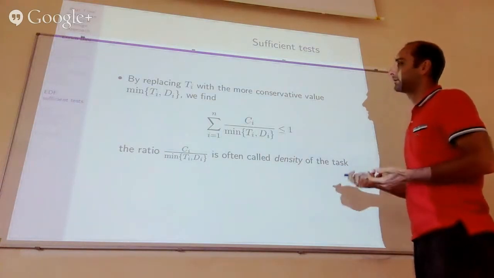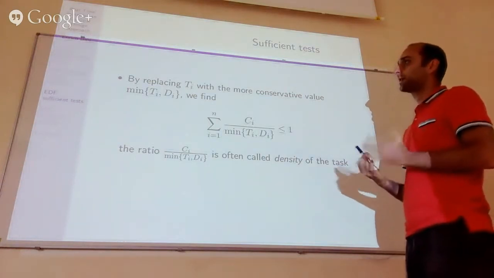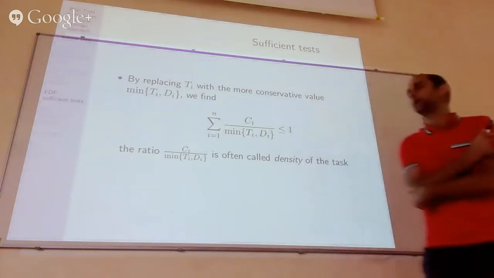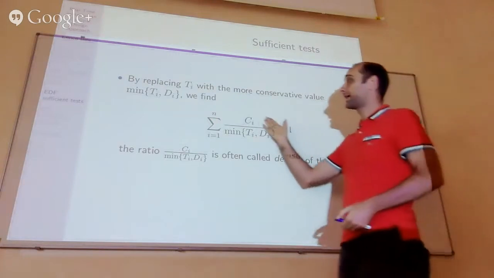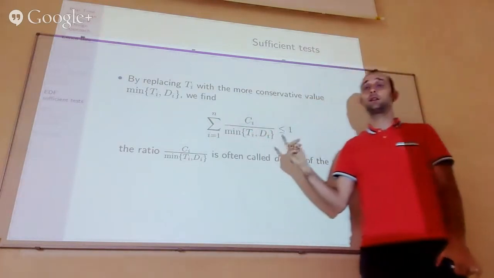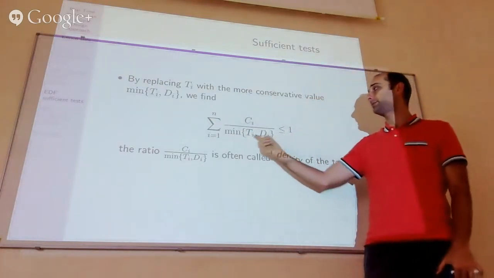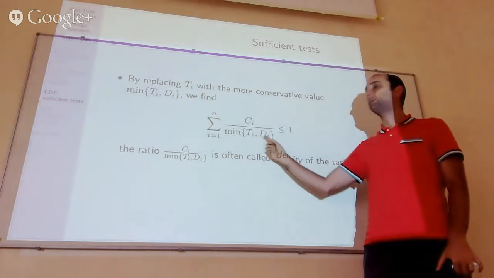Okay, so maybe the most natural way to extend the test is the so-called density test, where basically you replace the period with the minimum between the period and the deadline.